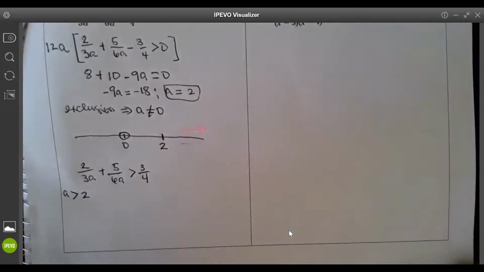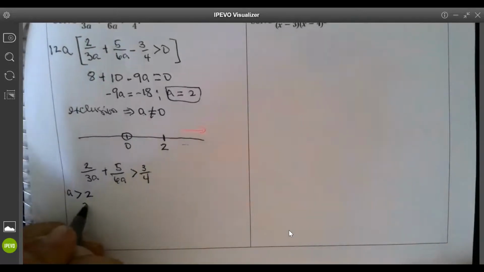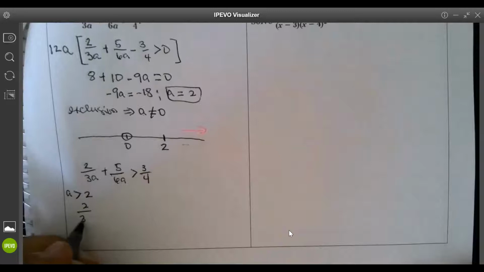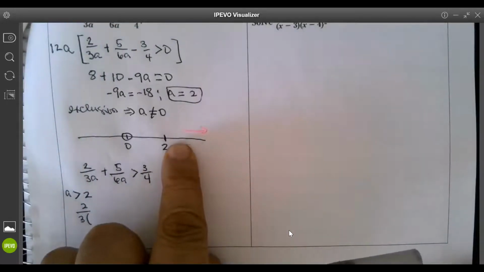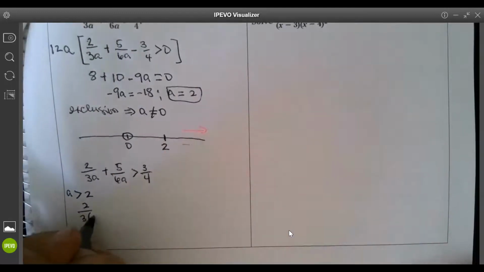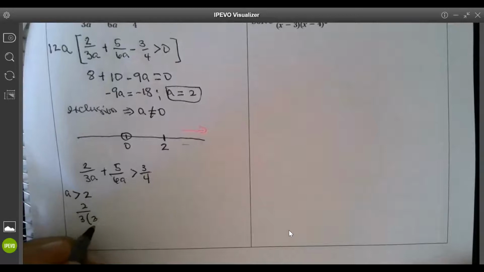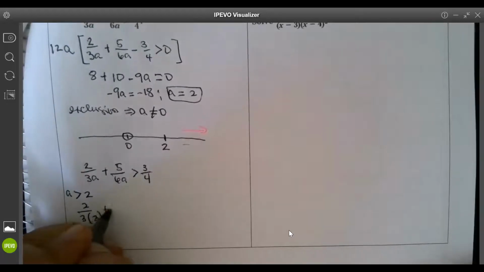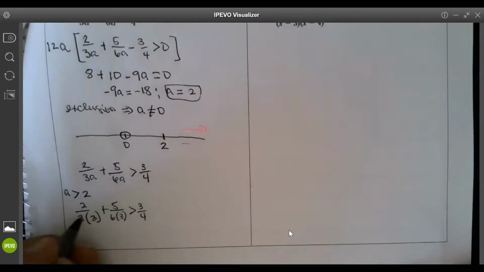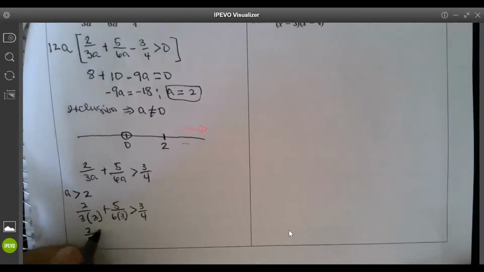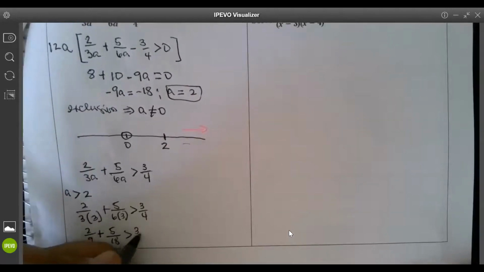So this will be 2 over 3 times what number do you want? Greater than 2. Let's say the smallest one is 3. So 2 over 3 times 3, plus 5 over 6 times 3, is that greater than 3/4? So this one is 2 over 9 plus 5 over 18, is it greater than 3/4?